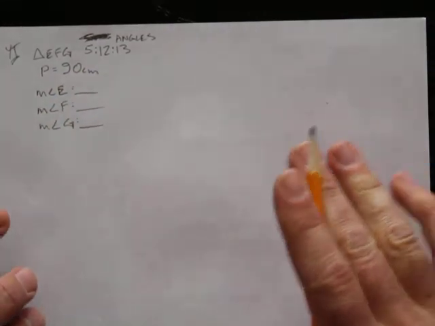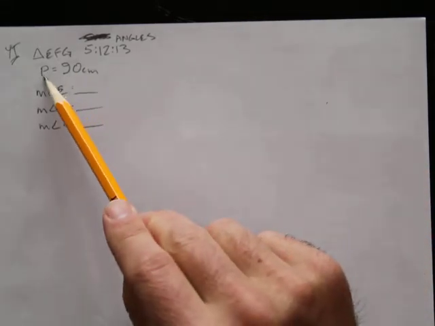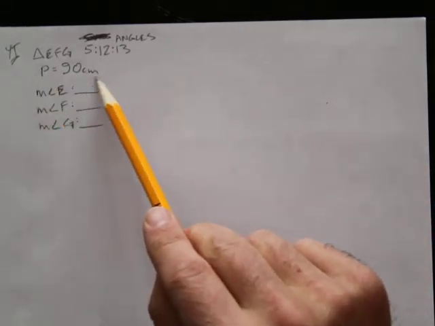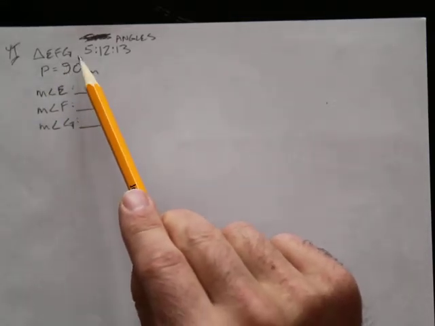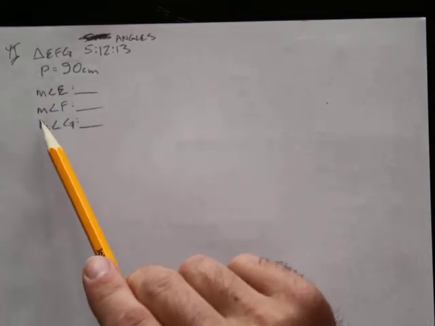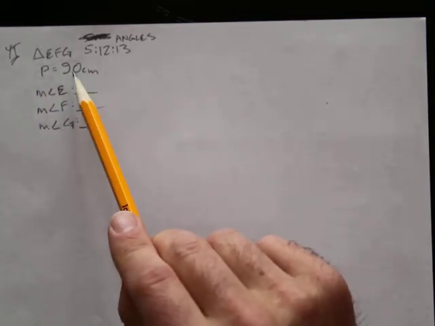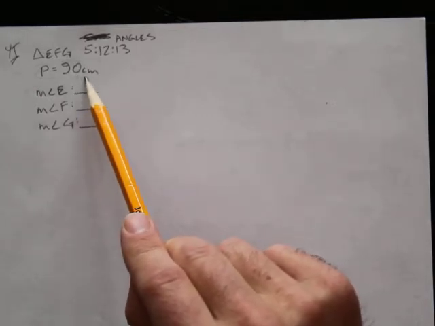Now, they've done something a little bit tricky, or I have allowed them to, whatever. We've been given the perimeter. We're looking for angle measures. The angle measures don't really have anything to do with the perimeter. They kind of do, but not for what we're doing right now.